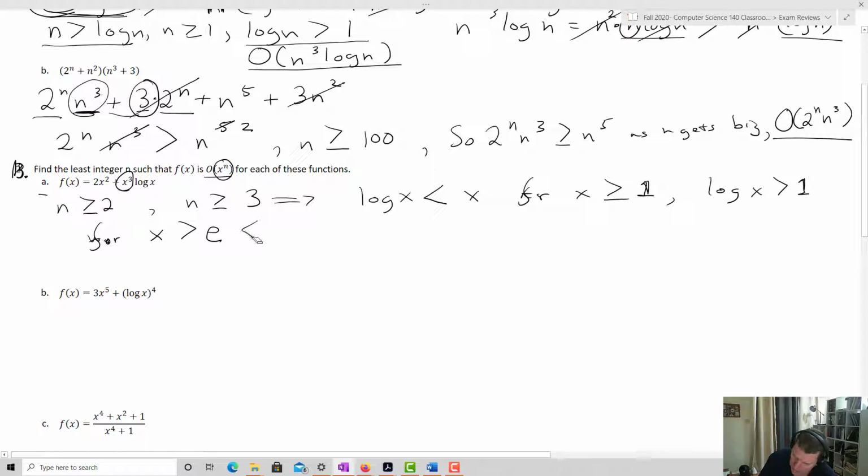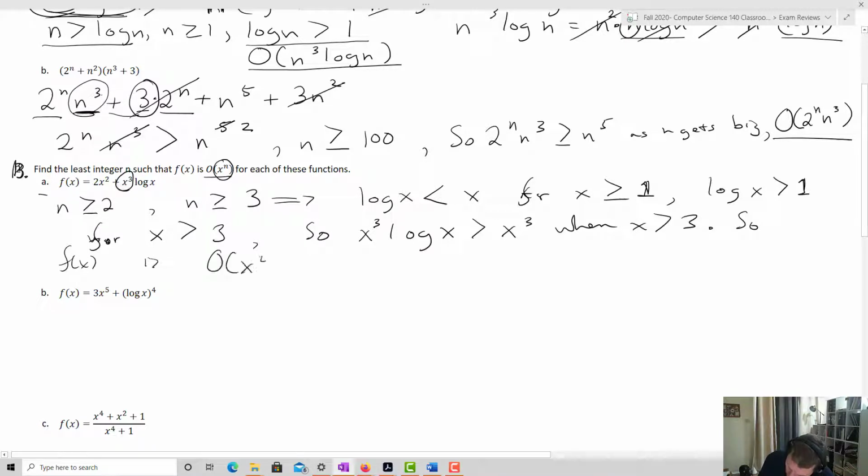So if we pick, say, for example, 3, we know that when x is greater than 3, then log x is going to be greater than 1. So that means that x cubed log x is going to be greater than x cubed when x is greater than 3. So this function f of x is O(x to the 4th), because we're going to need to increase our polynomial by 1. So in this case, n equals 4.